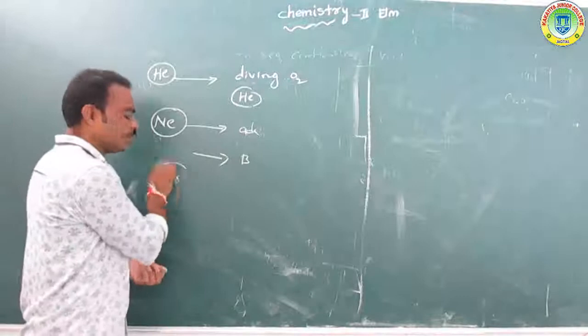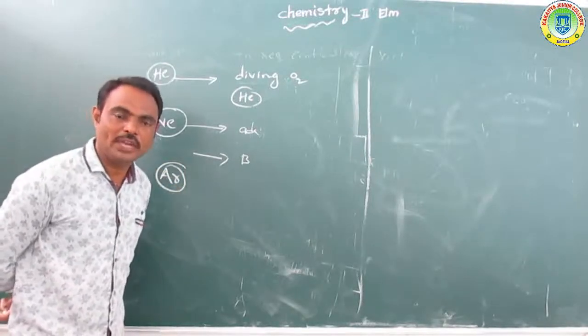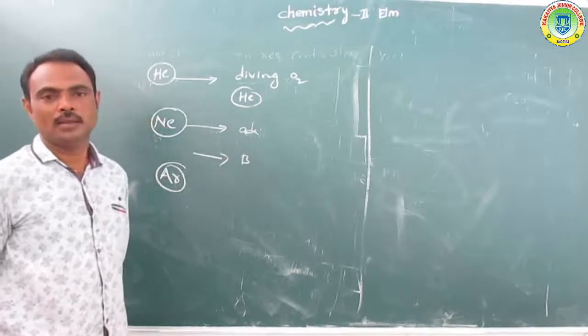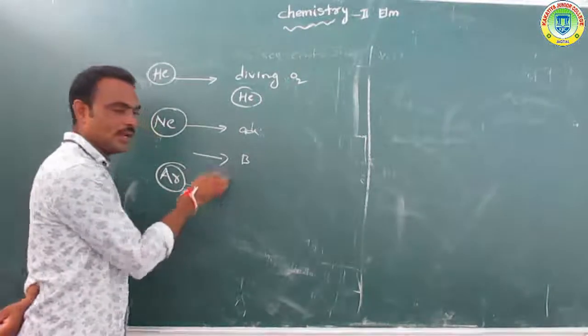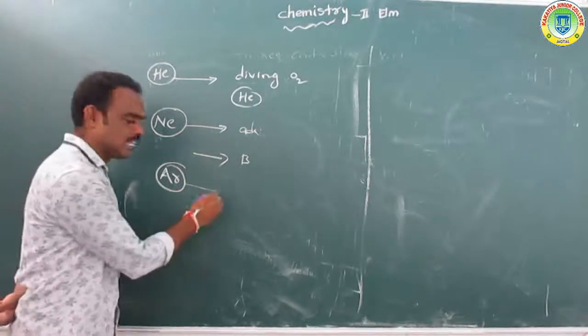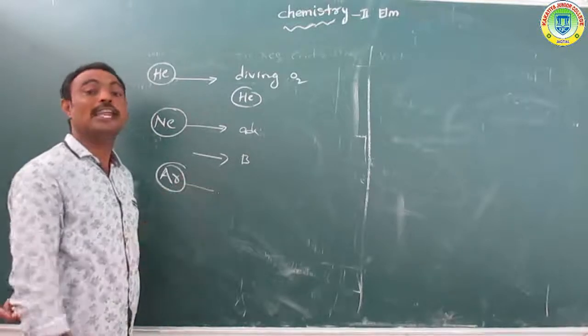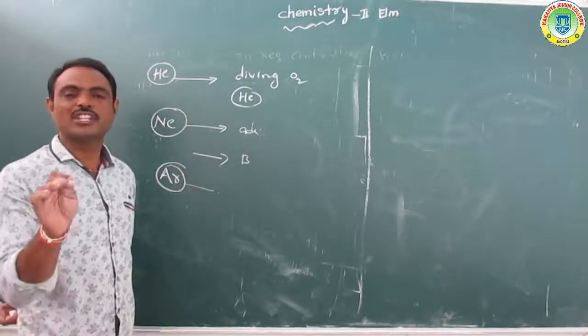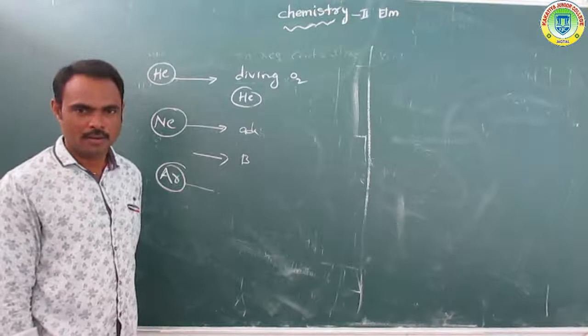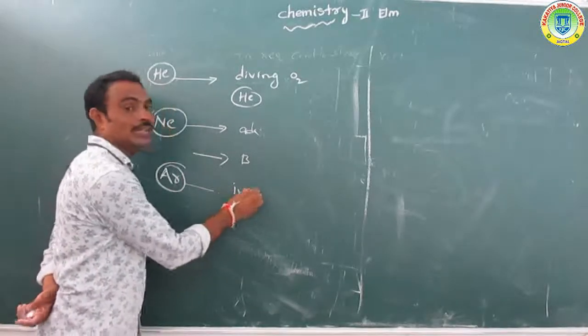Next, last one, argon. Argon is also a very important and useful element. It is used in different types of bulbs. At the same time, it is used in metallurgy to extract metals, as an inert gas.